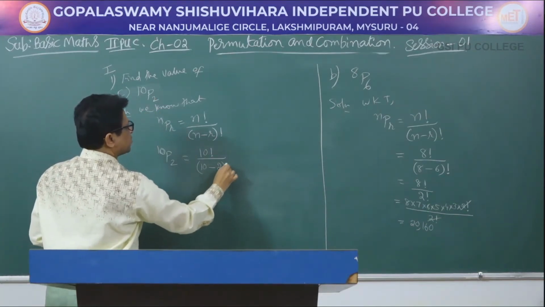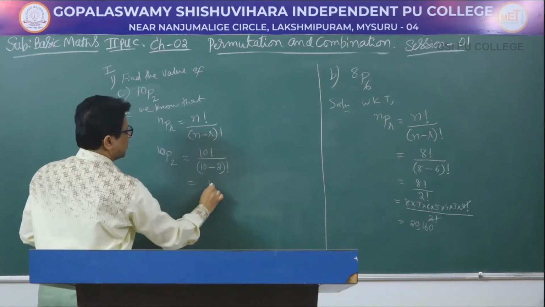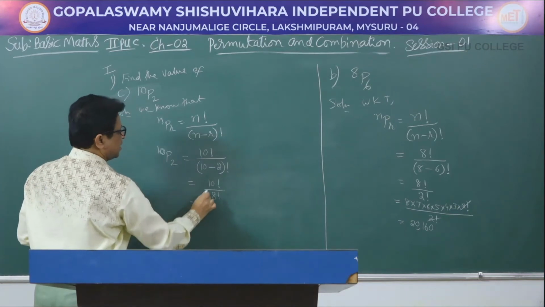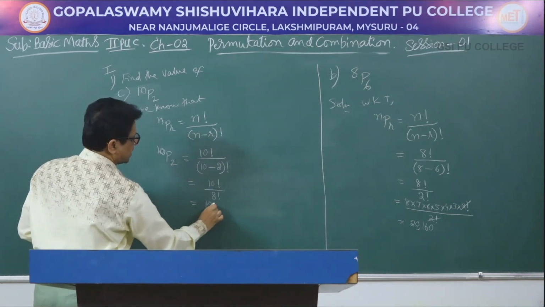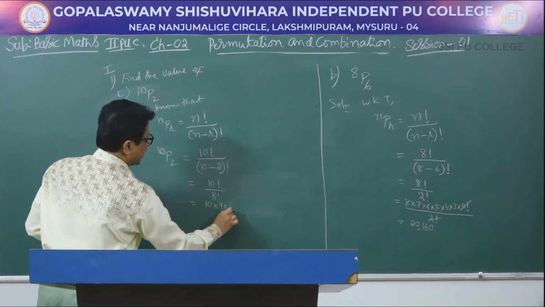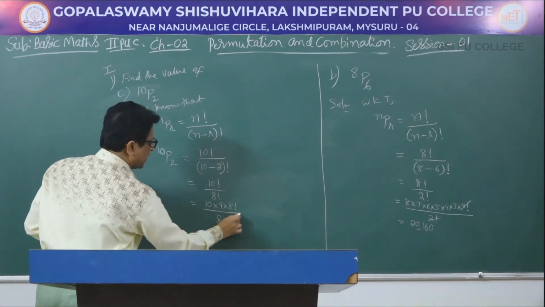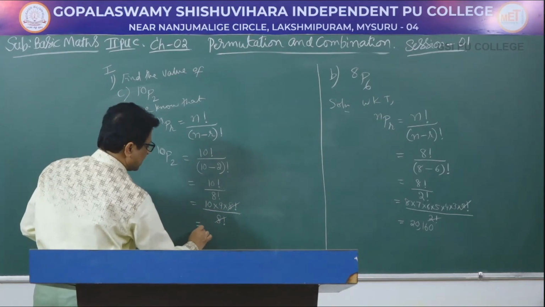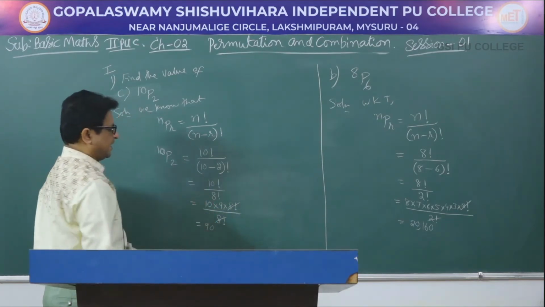So it is 10 factorial by (10 minus 2) factorial, which is 10 factorial by 8 factorial. 10 factorial can be written as 10 into 9 into 8 factorial, divided by 8 factorial. 8 factorial and 8 factorial will get cancelled. So that will be equal to 90.